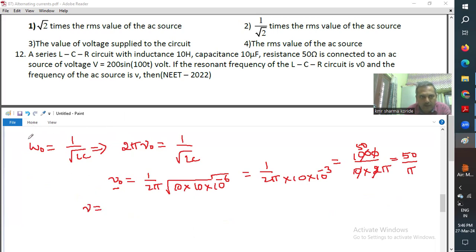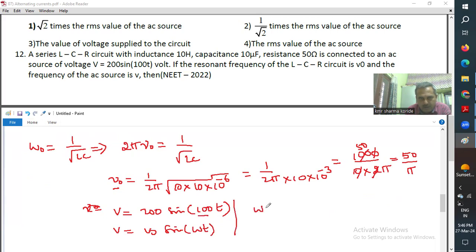Omega is equal to 2 pi nu. As per the question, V is equal to 200 sin 100t. On comparing with V equal to V naught sin omega t, omega is equal to 100.